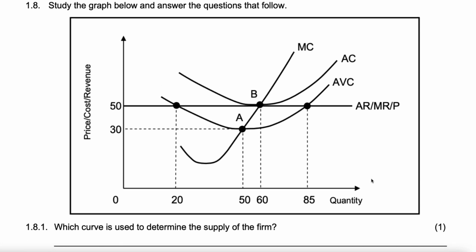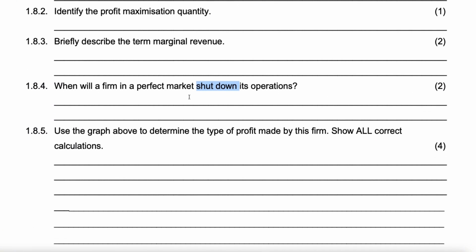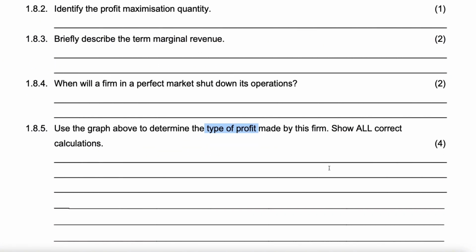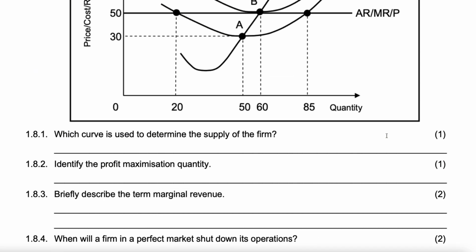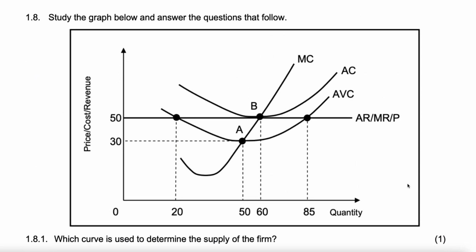Then after that calculation, you haven't really answered the question, because the question wants you to determine the type of profit. So you then conclude and say, therefore, the firm is making a normal profit. Showing calculations deserves 2 marks, but a whole 2 marks will also go to the conclusion that you draw from your calculation.